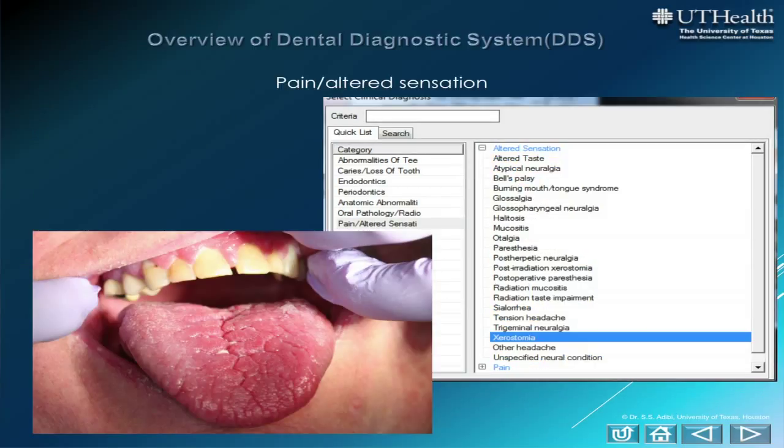The pain and altered sensation category consists of altered sensation, pain, and behavioral dentistry. This 55-year-old Caucasian female patient presented with chief complaint of dry mouth that changed her ability to taste food and felt she occasionally had bad breath.